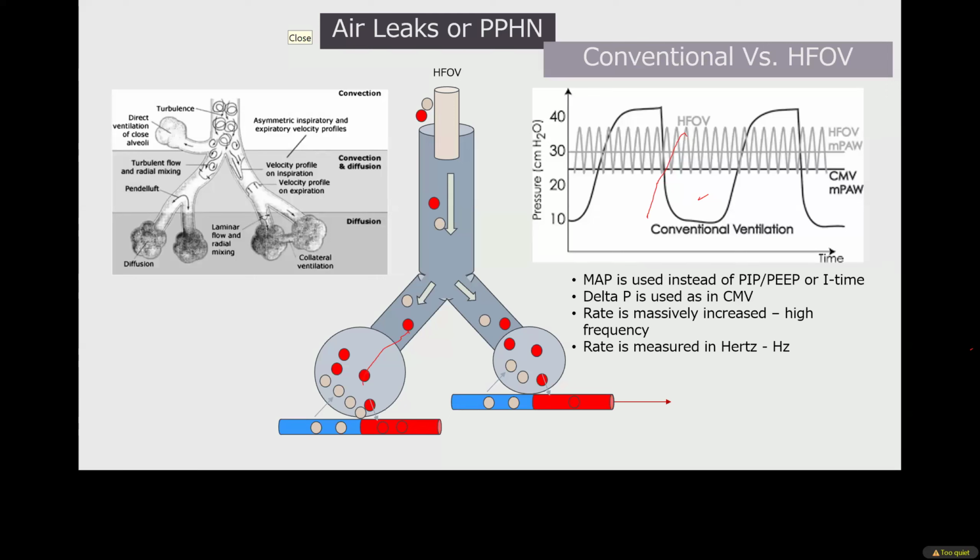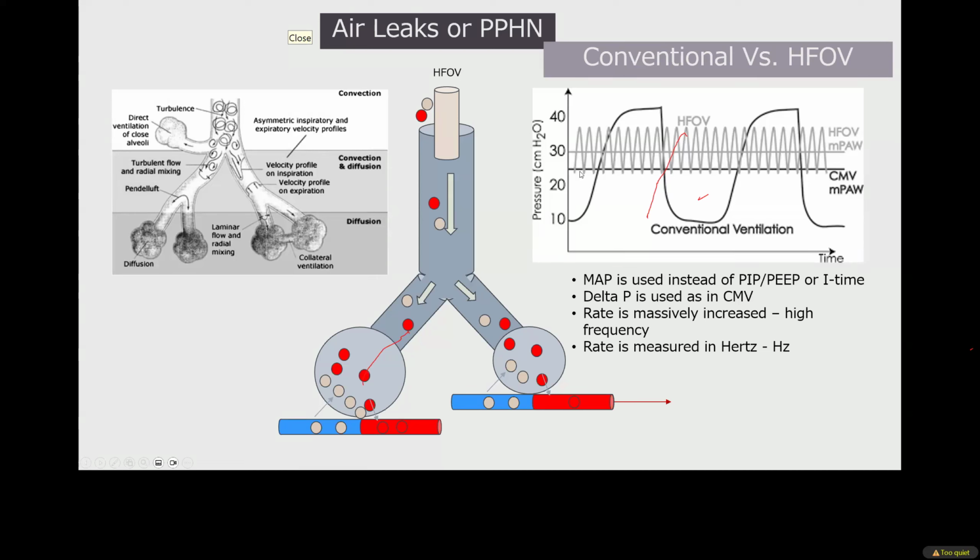It does not give tidal volume. There's no air going in and out with the respiratory cycle. In fact, the respiratory cycle is shortened so much that instead of 30 to 60 breaths a minute, you're breathing about 600 to 800 breaths a minute, which is the high frequency.